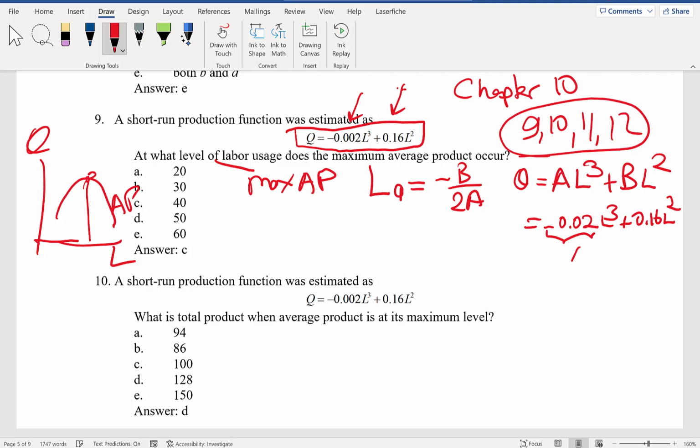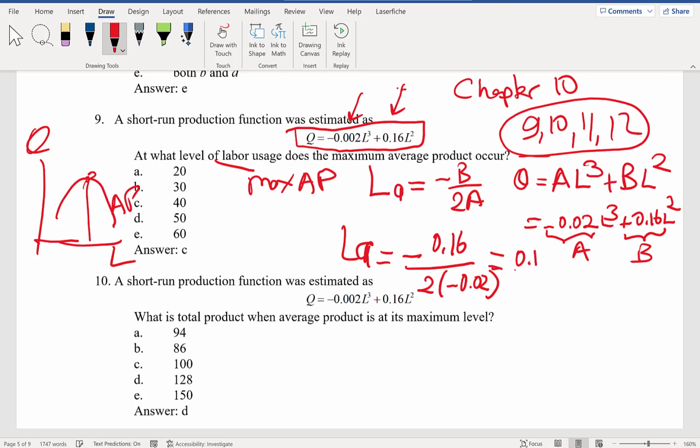So this is your A, this is your B. Let's find the labor at the maximum of the average product: negative B, 0.16, divided by 2 times A, that is 0.16 divided by 0.04. If you calculate this, you're going to find 40. The correct answer is C.